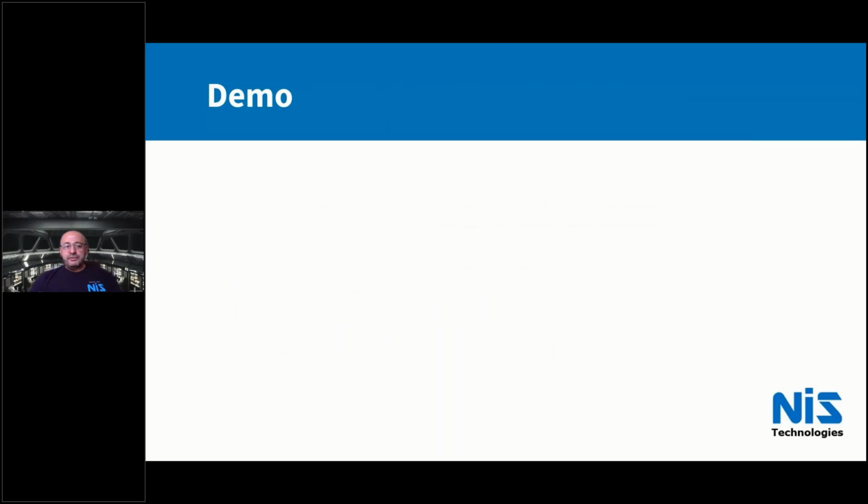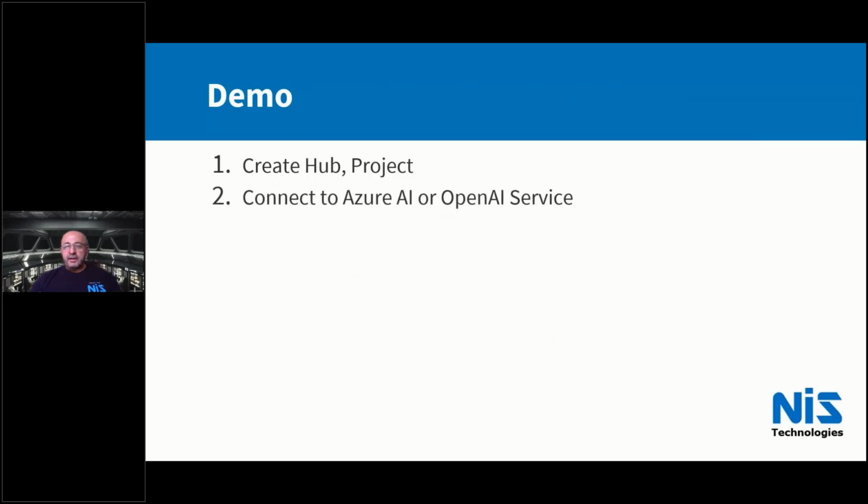So for the demonstration, essentially, we're going to go through several steps. Some of them we'll fast forward through, but essentially the steps to create your own Copilot are as such. First, I need to create a hub and a project in my Azure AI Foundry. I need to connect to the Azure AI or OpenAI service.